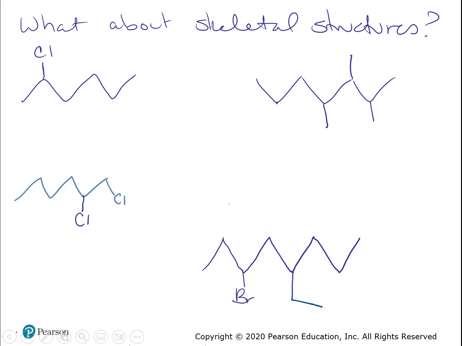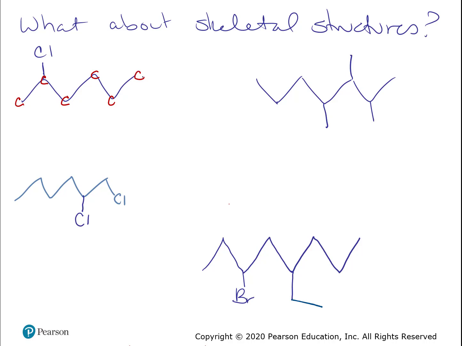For this first one, the little zigzag with the chlorine on it, the thing to remember is every corner and every end, unless it's attached to a halogen, is a carbon. So in this molecule, this is a carbon, this is a carbon, this is a carbon, this is a carbon, this is a carbon, and that one is.